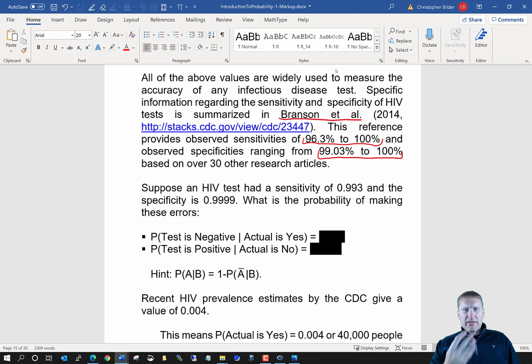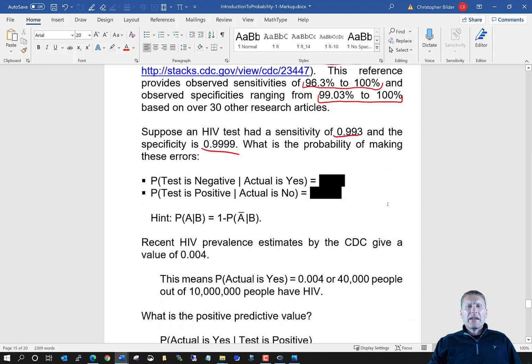So let's say that an HIV test has a sensitivity of 0.993 and a specificity of 0.999. What's the probability of then coming up with these false positives or false negatives? Let's say that someone truly has HIV. What's the probability that the test would unfortunately say that they are negative?